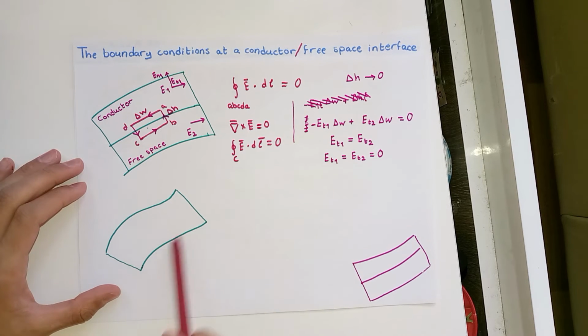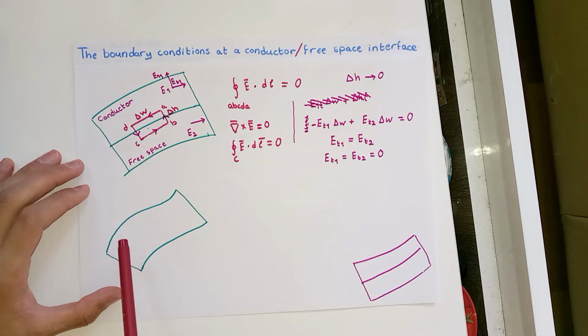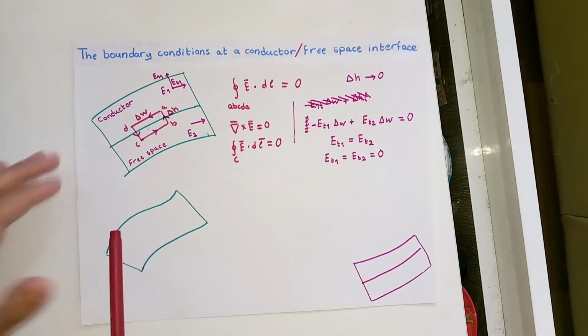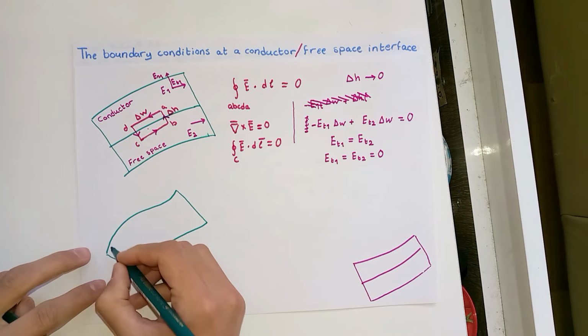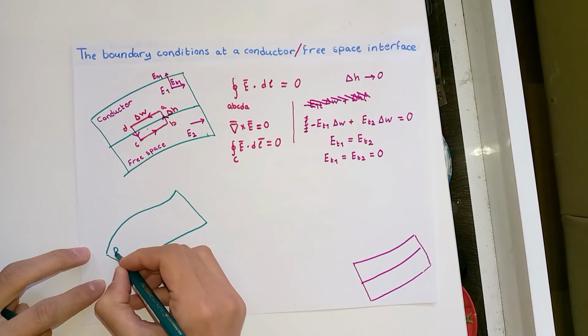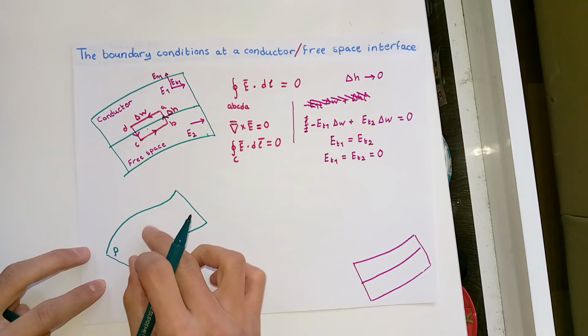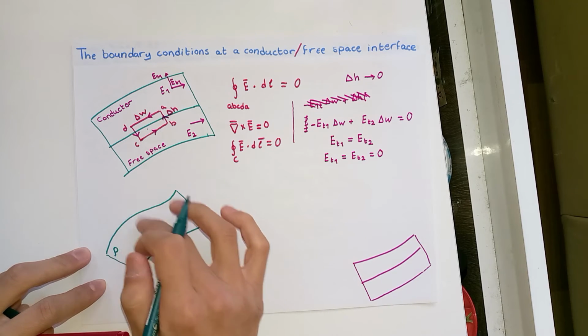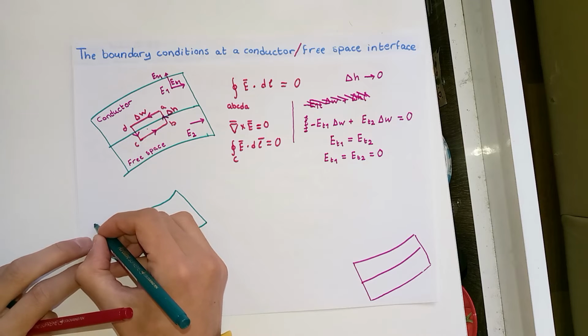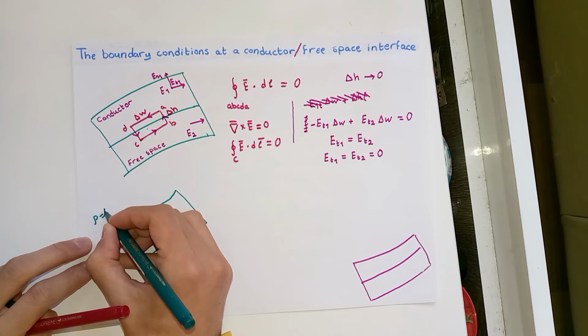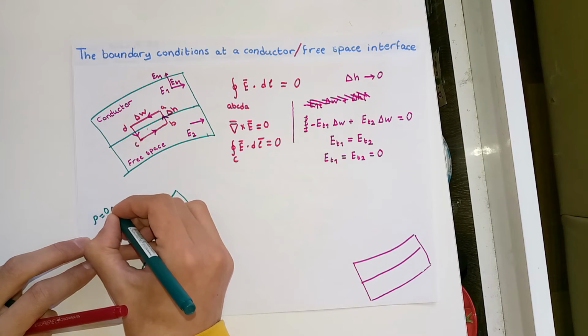And we know that we have charge density only on the surface of the conductor. So this surface will have a charge density equal to rho. Inside the conductor, which is above this surface, we have no charge density. Rho is equal to 0 because it's a conductor.